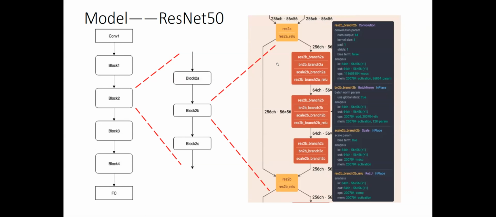Within each node we have the detailed description of the computation shape. For example, here we have detailed information about the first layer of this res2b branch2b convolution. So the output channel number is 64. The kernel size is 3, so it takes a 3 by 3 convolution, and the input channel size, or the input height and width, are all listed here. So these are the detailed operator information that we can get when we compile the machine learning model.